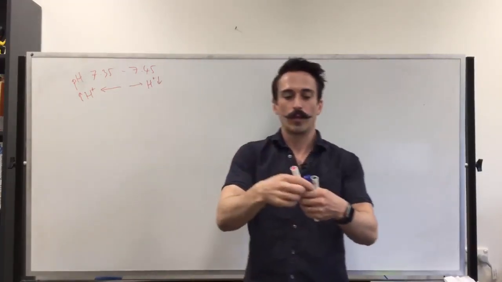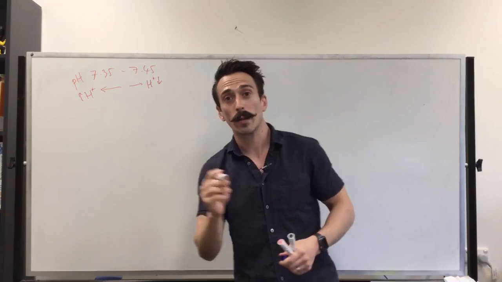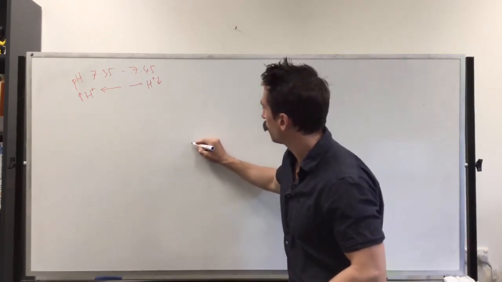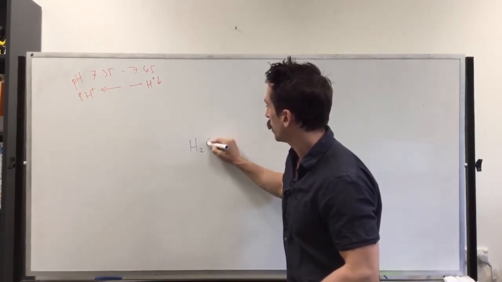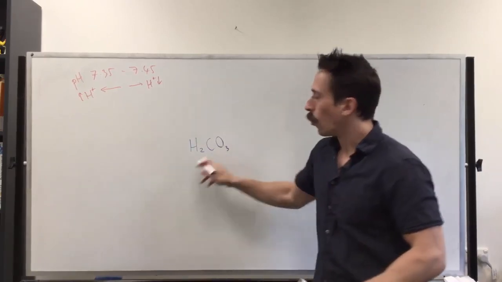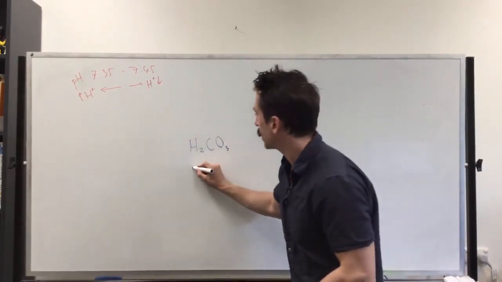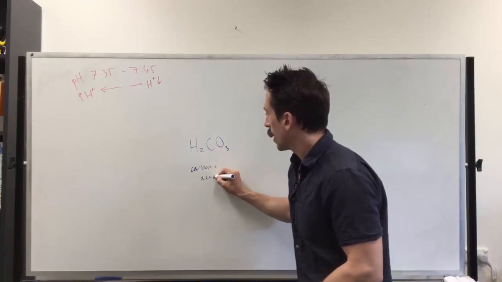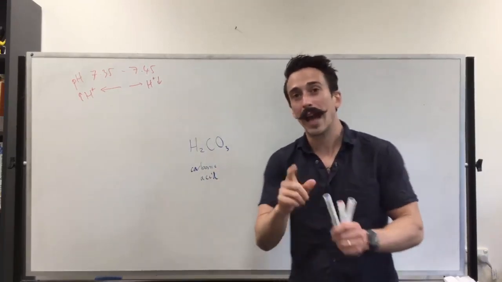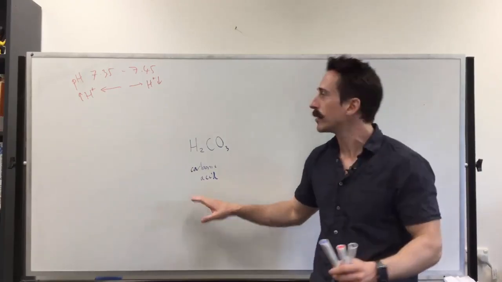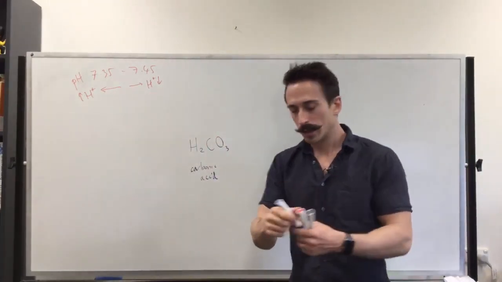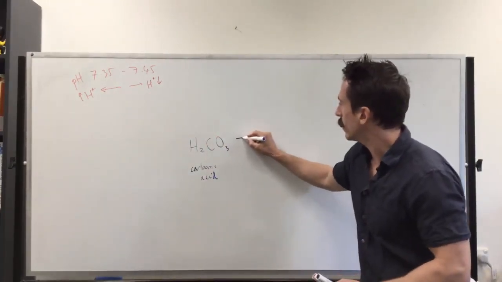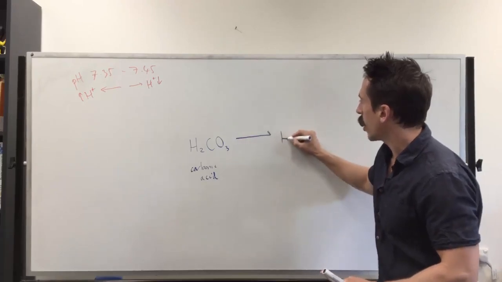All right, so for example, I want to talk about a quick buffer, and a buffer that looks like this. H2CO3. What this is called is carbonic acid. And you should know that the definition of an acid is anything that can donate a hydrogen ion. So that means that this carbonic acid can give us a hydrogen ion.